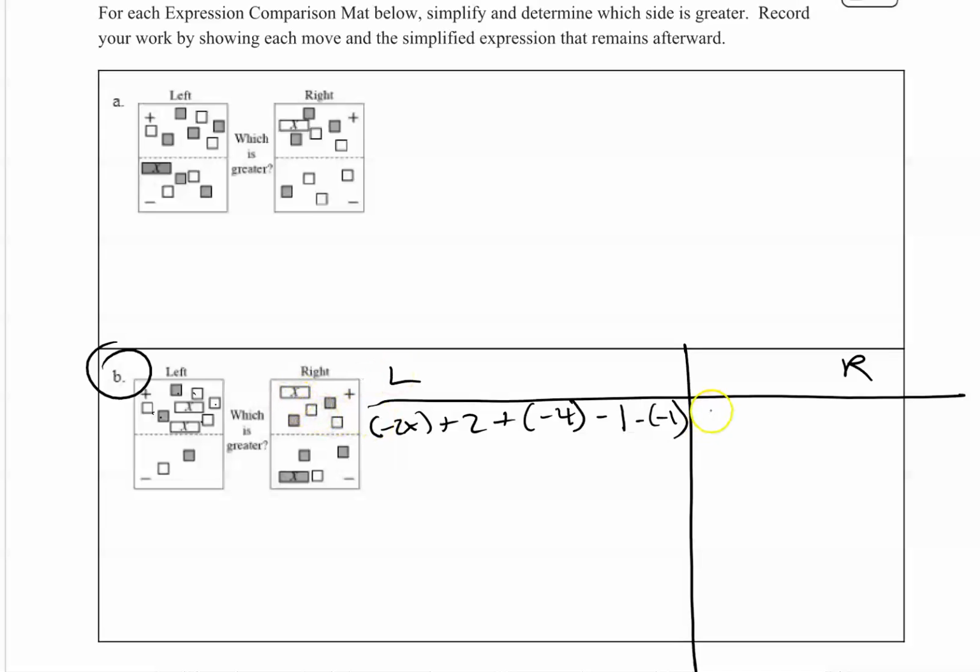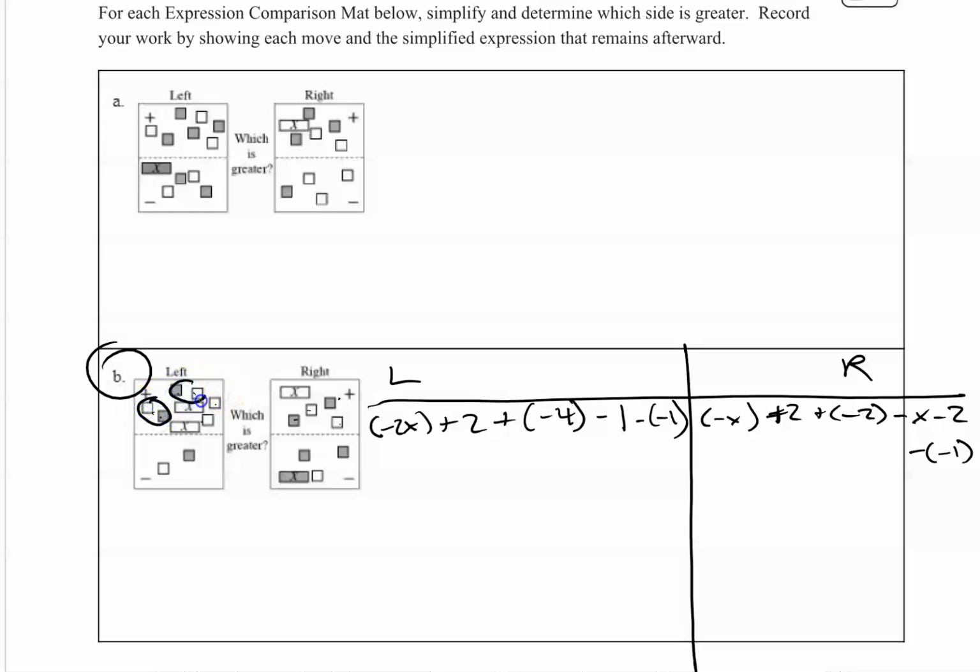Right side, -x, and then we have +2 plus -2. Down here on the bottom, we have subtracts an x tile, subtracts 2 unit tiles, and subtracts a -1 unit tile.